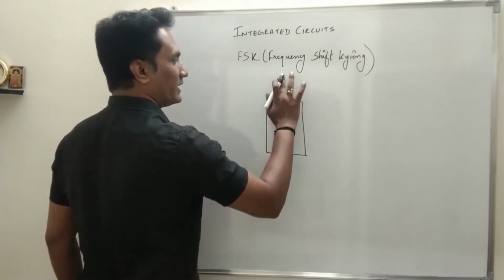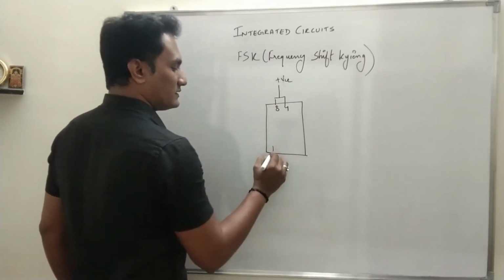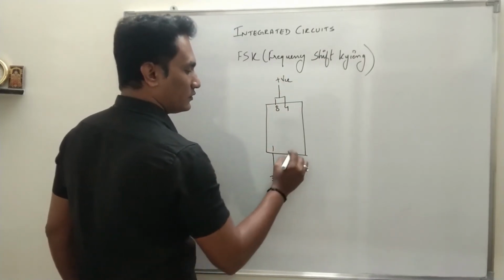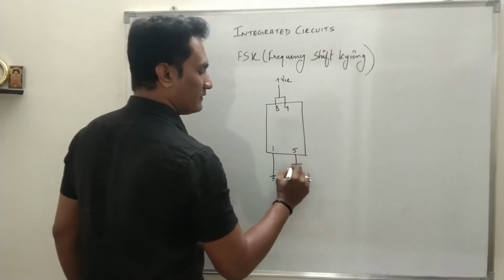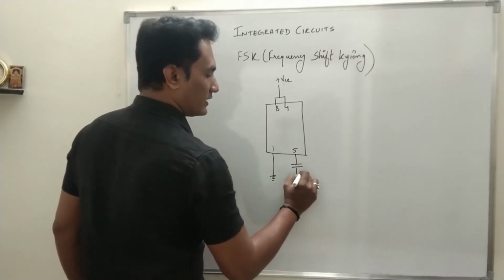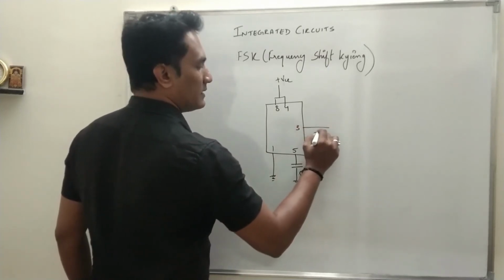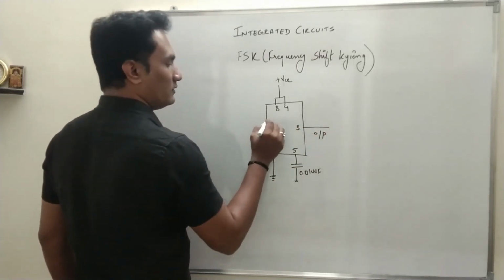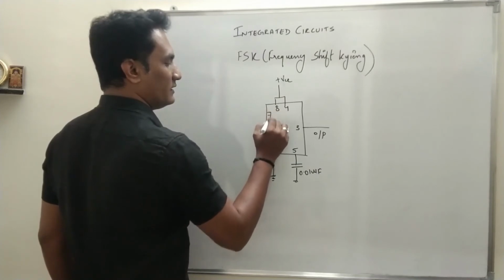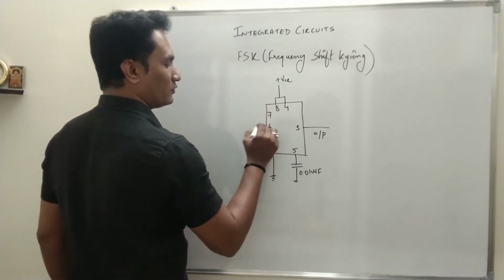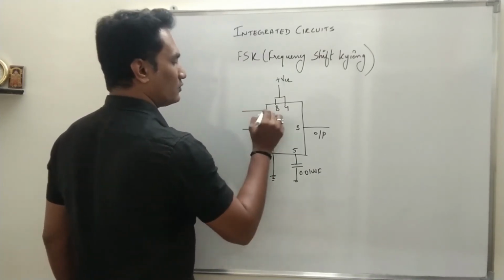Pins 8 and 4 are connected to plus VCC, pin 1 is always connected to ground, and pin 5 is connected through a capacitor of 0.01 microfarad. Pin 3 is the output. Pins 6 and 2 are connected together.